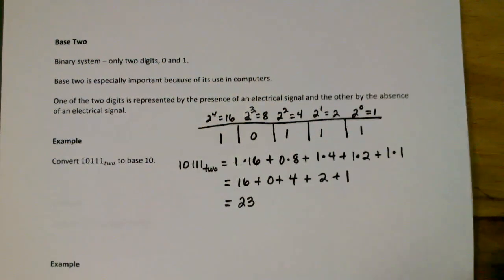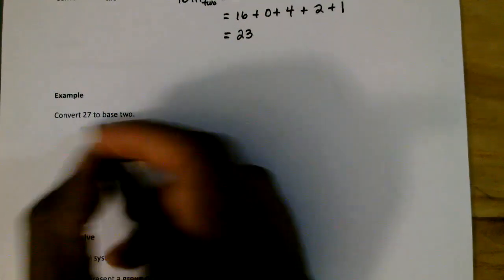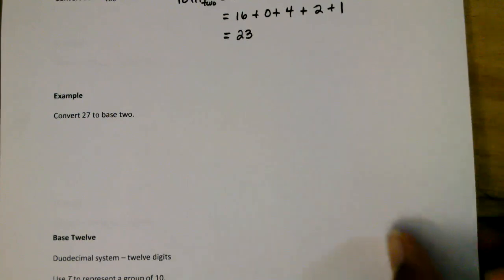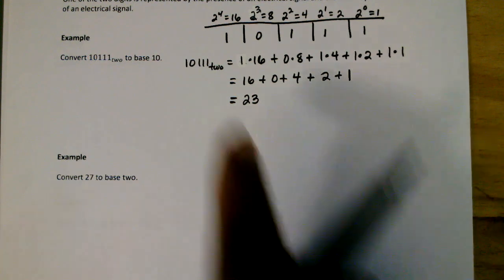All right, now let's say I want to convert 27 to base 2. Well, in this case here, if I go back to this place value chart, I use the highest number in the place value chart up here.